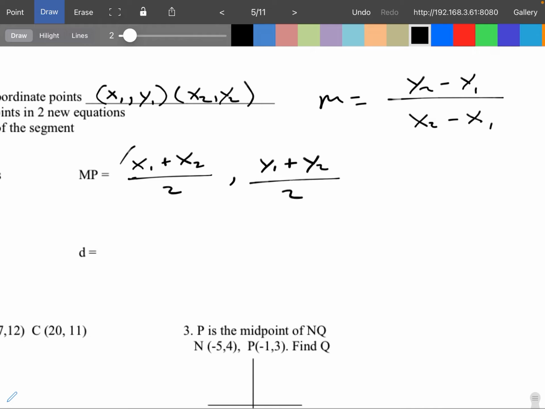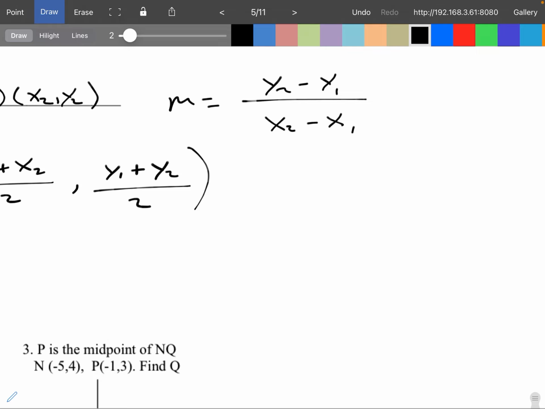Those x values, x1 and x2, are the x coordinates of the endpoints. We're trying to find the point in the middle. Then we average the y values also, so it's y1 plus y2 divided by 2. That's going to give us the coordinates of the midpoint.